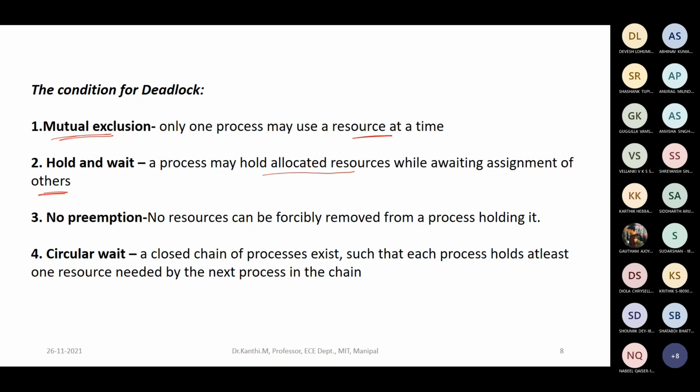I want something which is with somebody, and somebody wants an item which is with me. Both are holding, and till they release it, you cannot go with the normal execution. So these are the different conditions for deadlock.